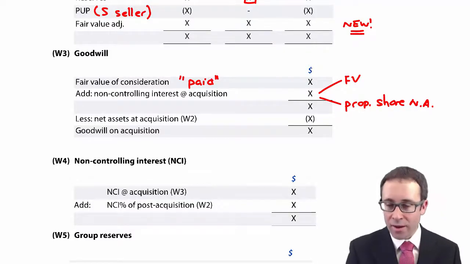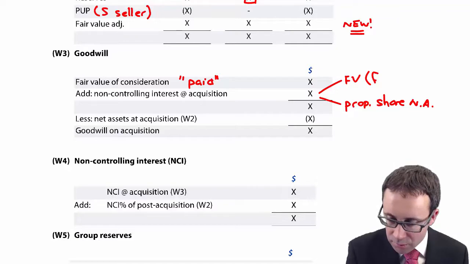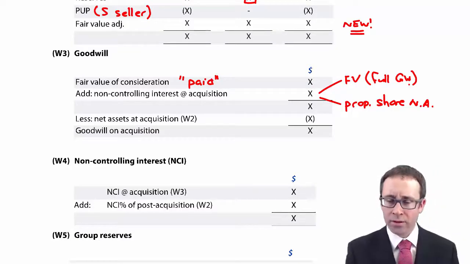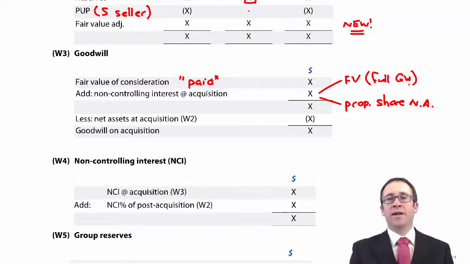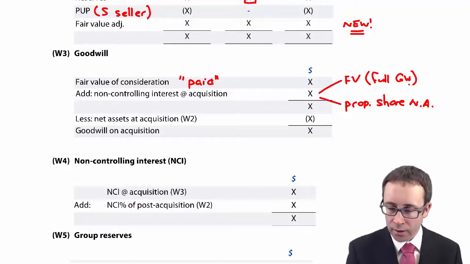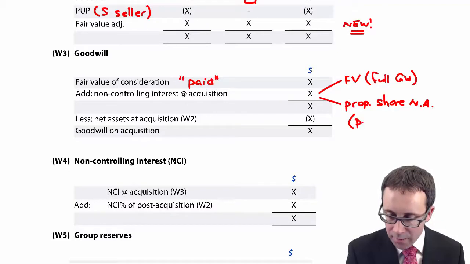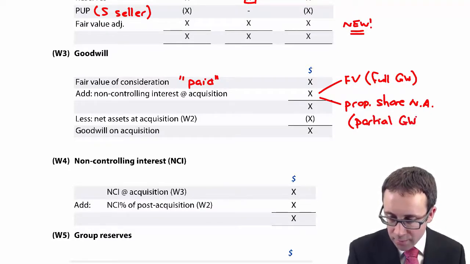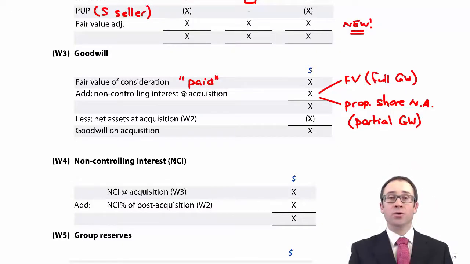Alternatively, the fair value method is also sometimes referred to as the full goodwill method, because if you put in the fair value, it shows not only the parent's ownership of the goodwill, but also what the non-controlling interest own of the goodwill, whereby if you put in your proportionate share, then that is the partial goodwill, because you are showing there just the parent's goodwill.